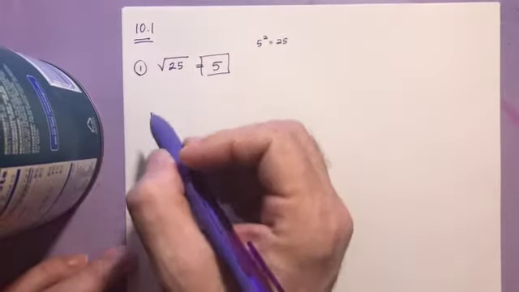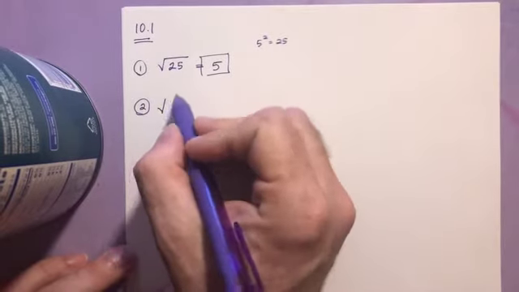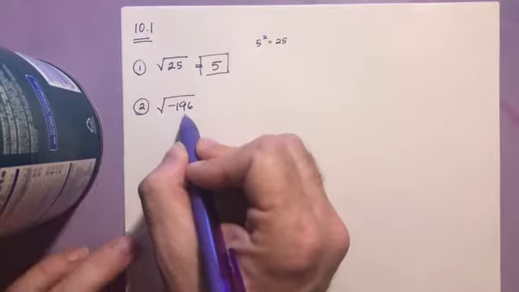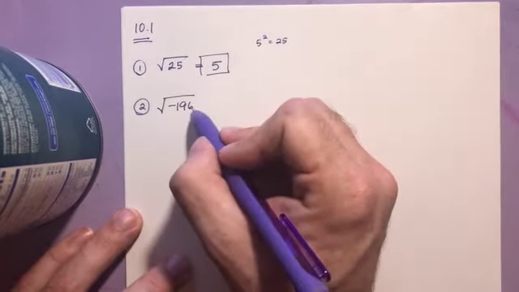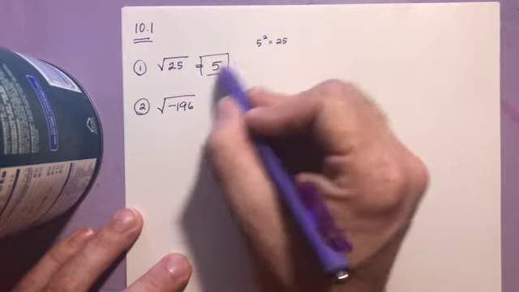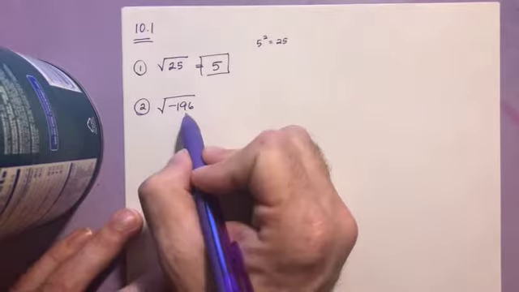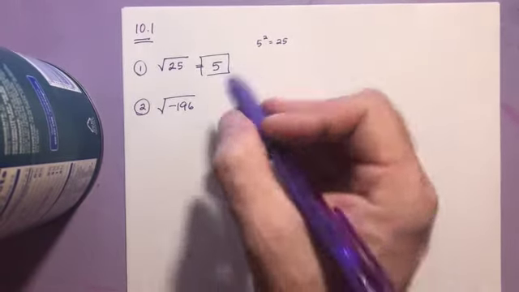That's number 1. But number 2 brings up one of the first problems of the square root, and that is taking the square root of a negative number. So what I'm asking myself is, what number times itself, because that's what I did here, I found what number times itself gave me 25. Well, that was 5. What number times itself gives me a negative answer? Well, there is no such number.